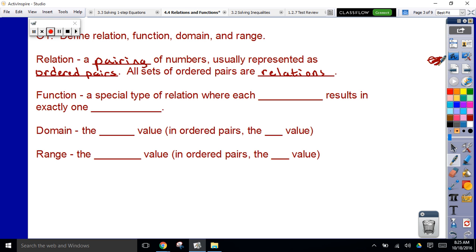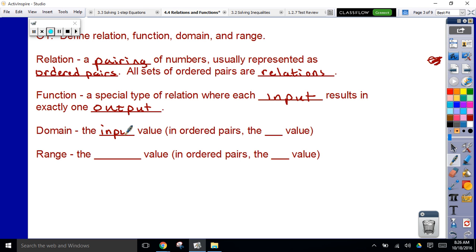Okay, a function is a special type of relation where each input results in exactly one output. The domain is what we call the input value.